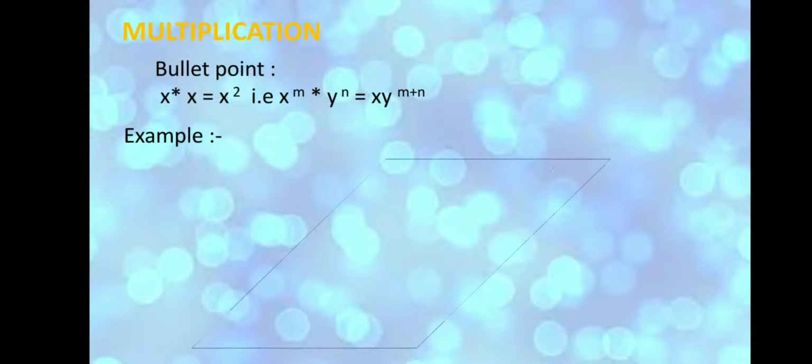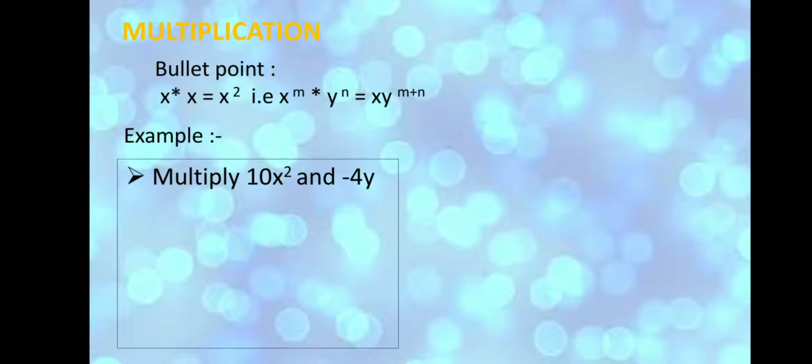For example, if you have to multiply 10x square and minus 4y, how will you multiply it? You will first write 10x as 10 into x, right? As given in the bullet point, you'll write 10 into x, and you'll write minus 4y as minus 4 into y. So now what you are going to do is take the constant numbers at a place and the variable numbers at the other, and then multiply.